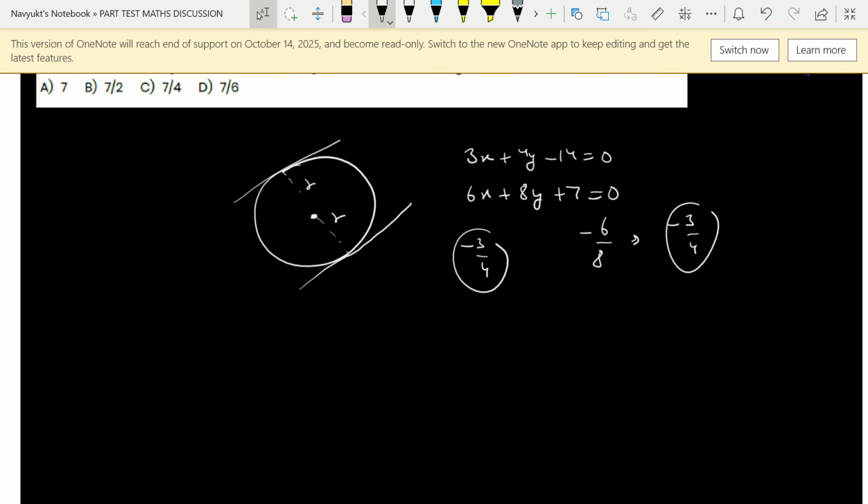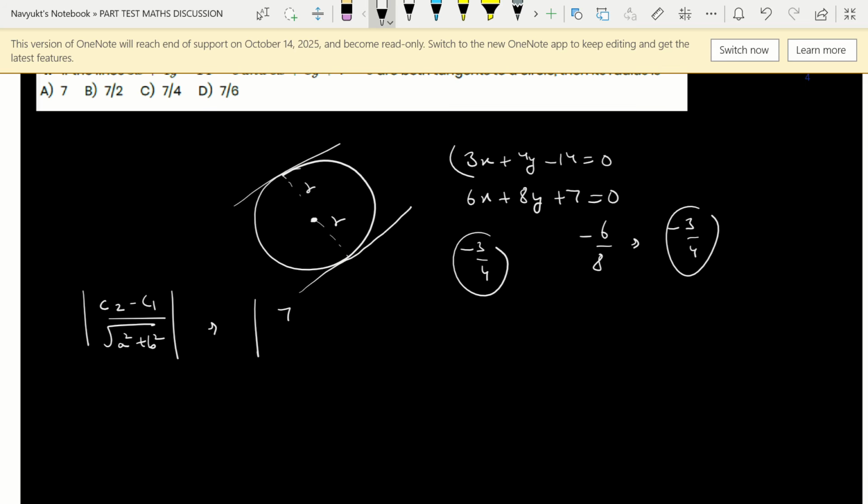So we will simply apply the formula, which is c2 minus c1 upon root a square plus b square, which gives us mod of 7. First of all, we multiply this equation with 2, which gives us 6x plus 8y minus 28.